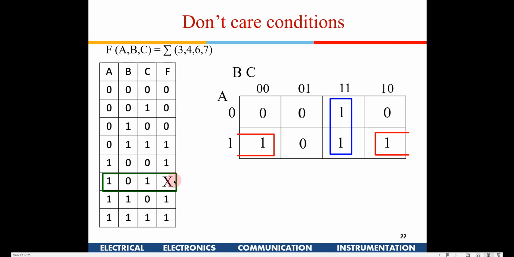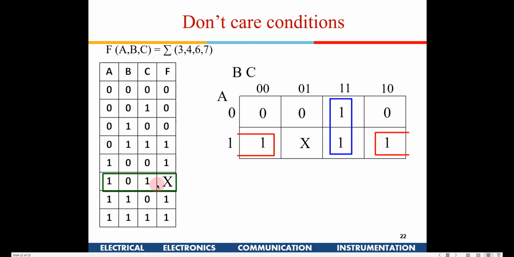If that is the case, then we can simplify this table even further, because this combination is not going to come at all. So instead of restricting it to 0, I am going to put it as x. This is known as a don't care. Don't care means don't bother about it, you can use it the way you want. This input combination is not likely to come into your circuit.